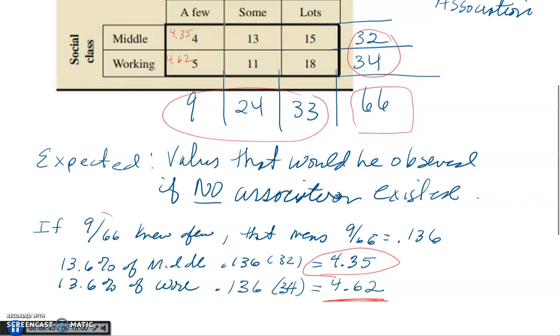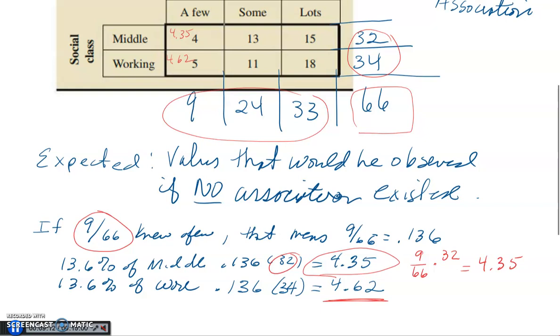So we took 9 over 66, multiplied it by 32 to get our expected value, 4.35. The 9 represented the column total. The 32 represented, if you look up here, the row total, and the 66 is what you divide at the end.